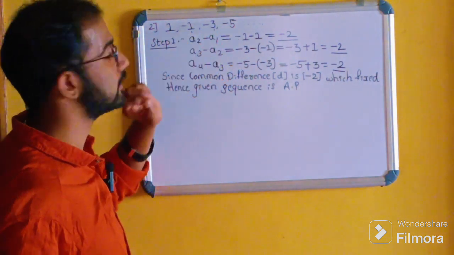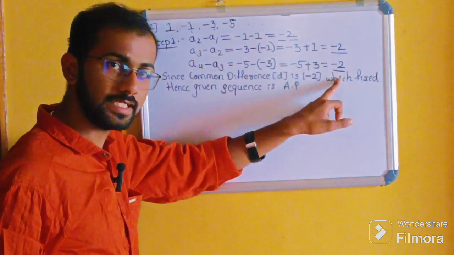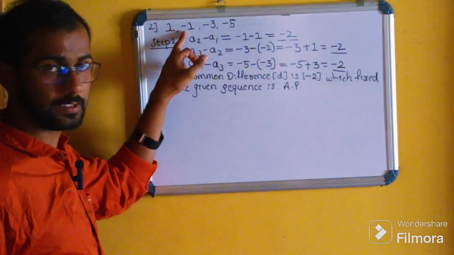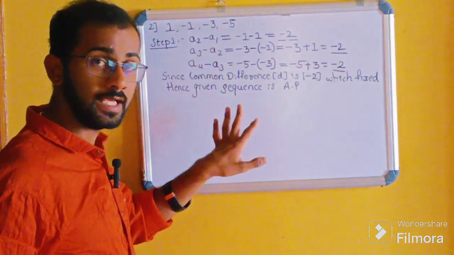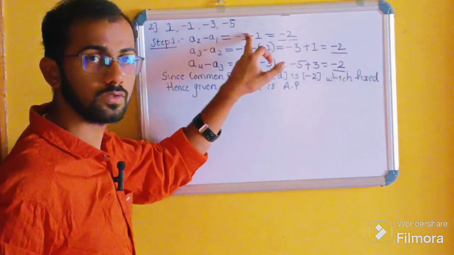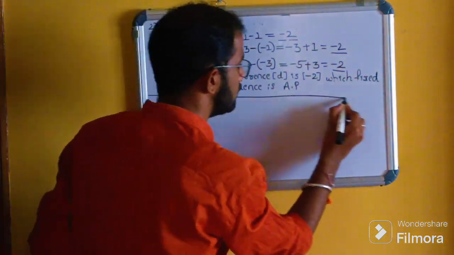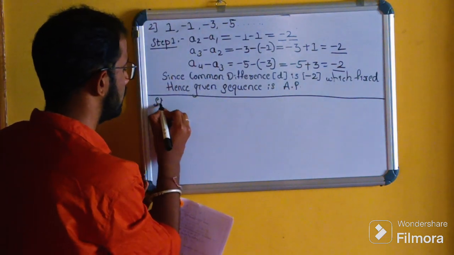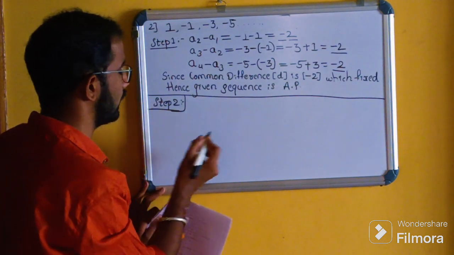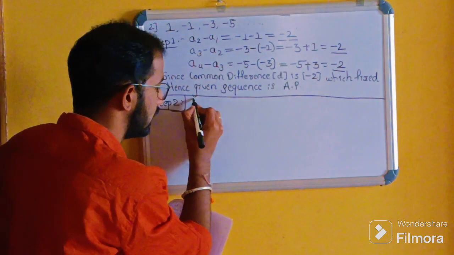If it is an arithmetic progression, then we need to write the next two terms. So for that, we need to consider step number 2. In order to find the next two terms, we need to consider the general form of arithmetic progression, that is a, a plus d, a plus 2d, a plus 3d, a plus 4d, a plus 5d.